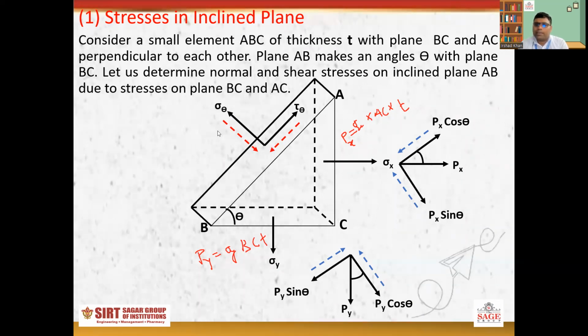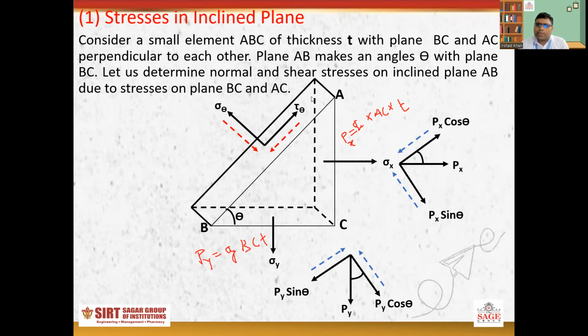So we can write the normal force acting here, P theta, equal to Px sin theta plus Py cos theta. Similarly, consider the components parallel to the inclined plane AB.